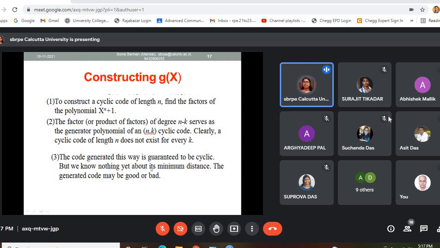Okay, minimum distance I have already mentioned, Hamming distance. We are always considering that the distance between two codes should be such that if any error occurs during transmission of your information through the channel, maybe one bit is flipped, that deterioration of the bit at the receiver section can easily be recovered if it satisfies the property of the minimum Hamming distance.